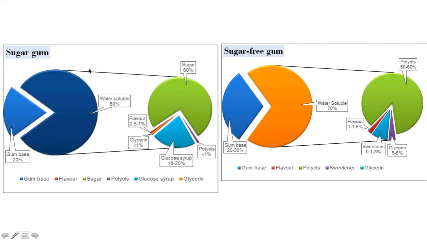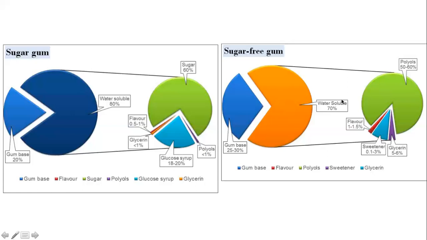The flavors, colors, and everything are around 2%, right? So the highest percentage, 60%, is sugar, then glucose syrup. All these things are sweet products, and gum base is around 20%. In the chewing gums we consume in the market, gum base is 20% and 80% is sugar and other water soluble things.